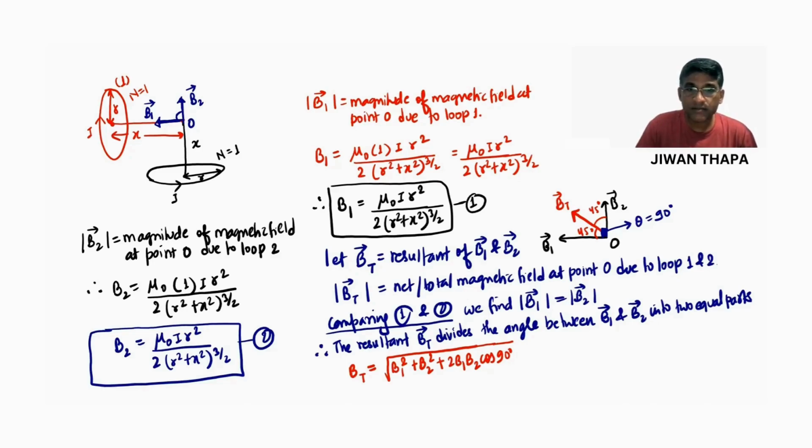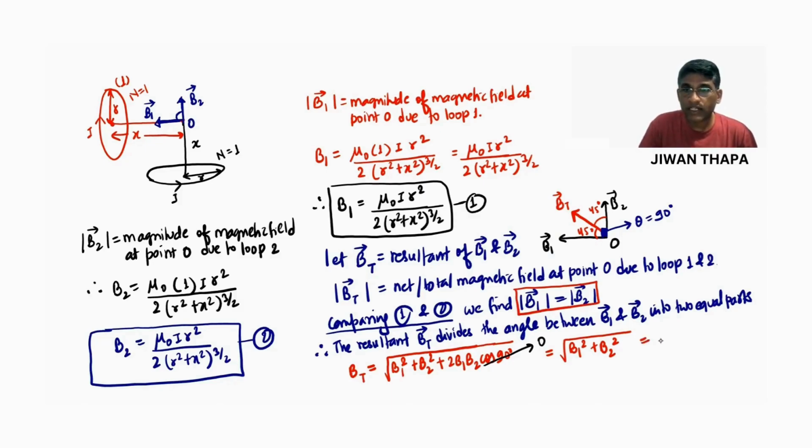Since cos 90 degree is 0, BT equals under root B1 square plus B2 square, and we know B1 equals B2 in magnitude.